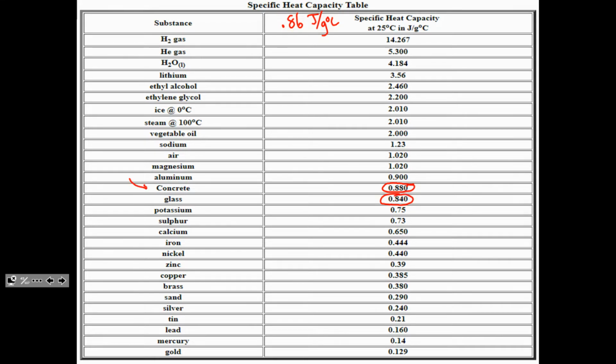So perhaps, but these are both non-metals. The next closest metal is actually aluminum. So that would be my guess.